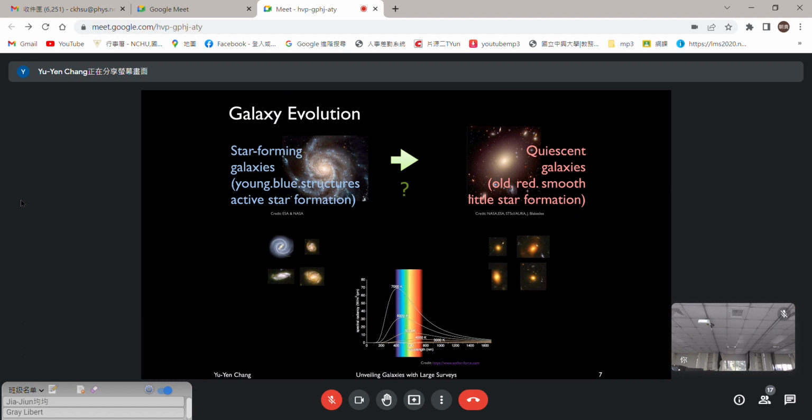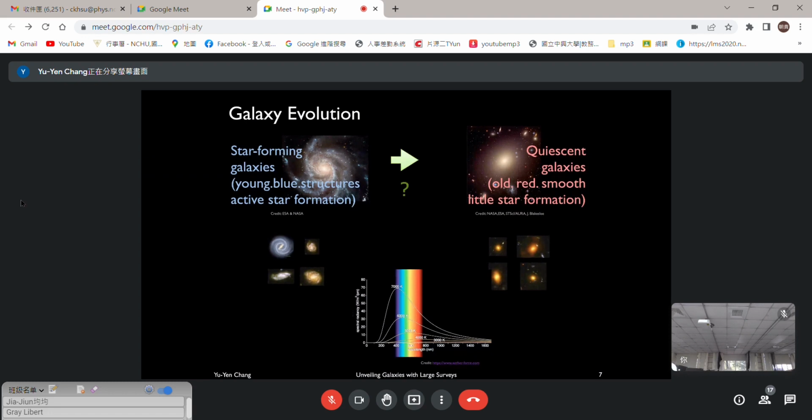Quiescent galaxies, also called passive galaxies, have smooth structures and little star formation. They have more old stars and look redder. Even though we know we have these two groups of galaxies, we still don't know how star-forming galaxies evolve to quiescent galaxies. So this is an important question.